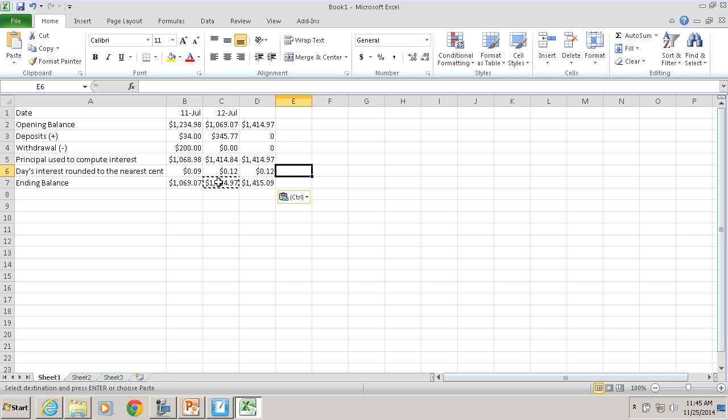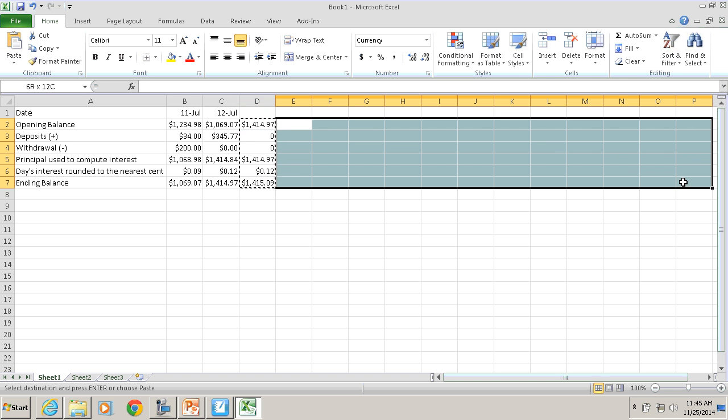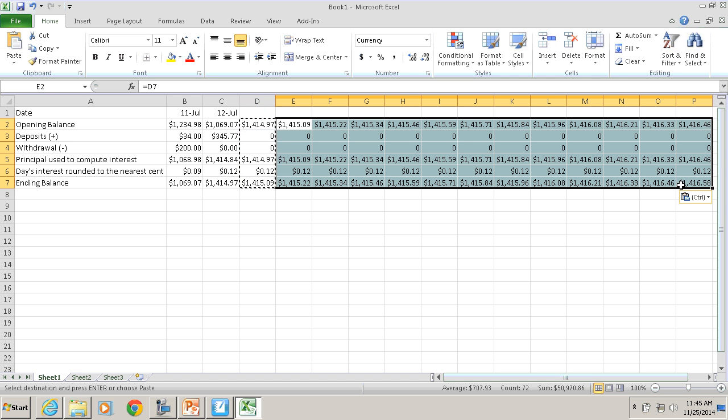Okay, so if I don't do any more withdrawals or deposits, I can figure out what I would have in my account a certain amount of days on. So by this day, I would have earned almost $1.50, $1.49 that many days from this day.